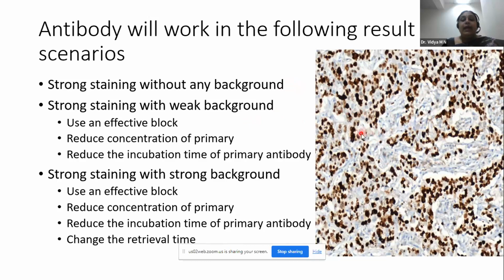What happens when the antibody concentration is higher, then it can cause a lot of non-specific background reaction as well. Or you may need to reduce the incubation time of your primary antibody. When we have strong staining with strong background, again, it may be due to the ineffective blocking agent, or again, you need to reduce the concentration of your primary antibody. So these are some scenarios and how you troubleshoot it.